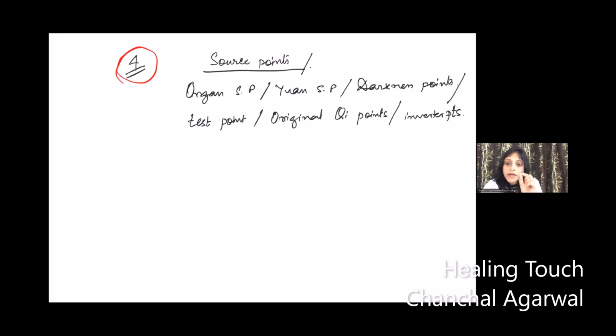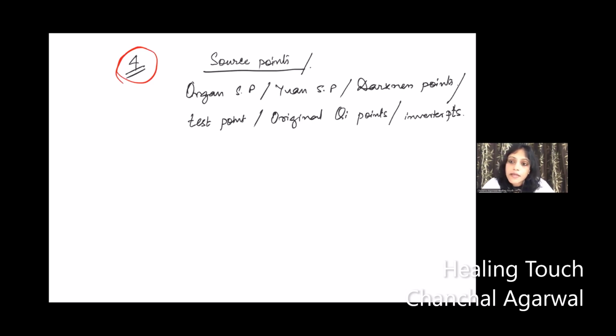That area, that zone, or that point where it has its own origin, the basic energy stored in it, that is called organ source. So whenever you want to treat a particular meridian, the whole of the meridian or the whole of the organ, you will use the organ source point.